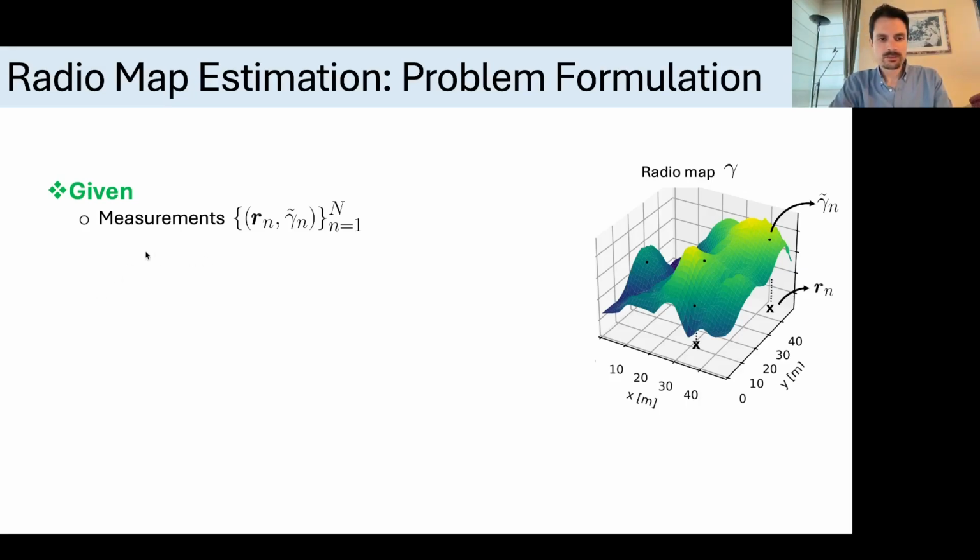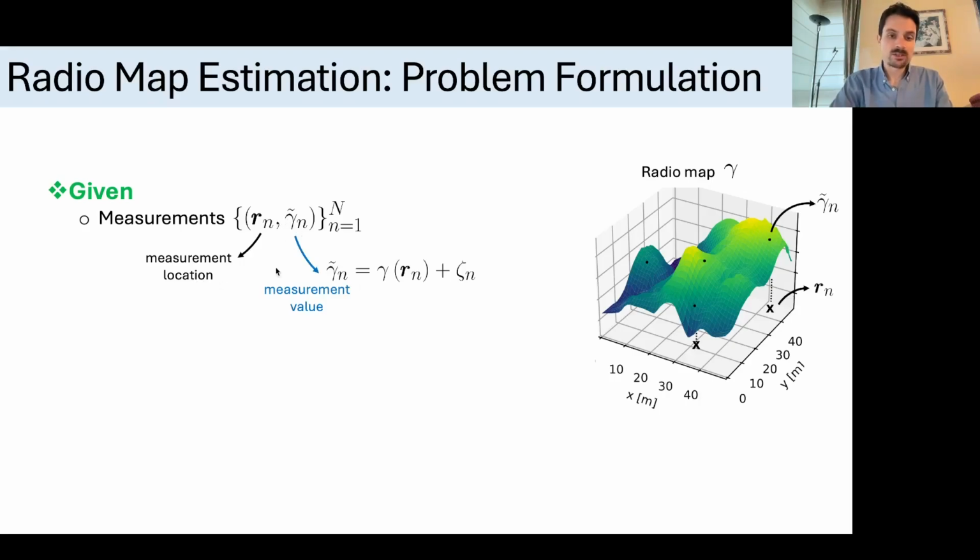So, for example, instead of talking about observations, we typically use the term measurements. And instead of saying observation points, we typically say measurement location.